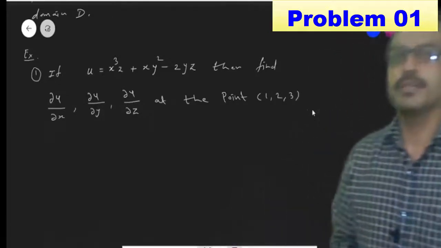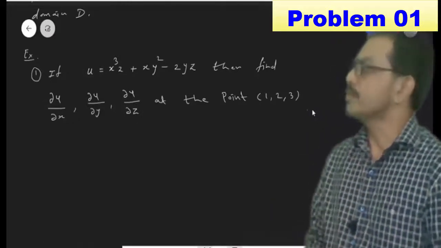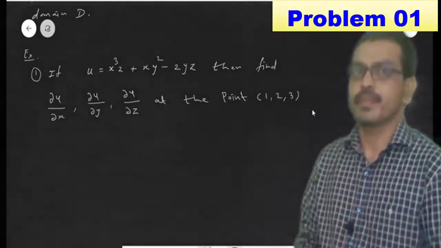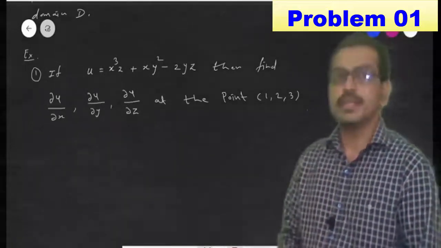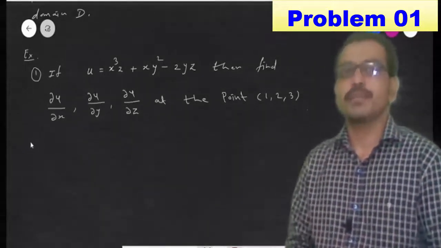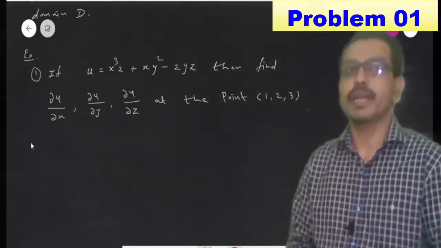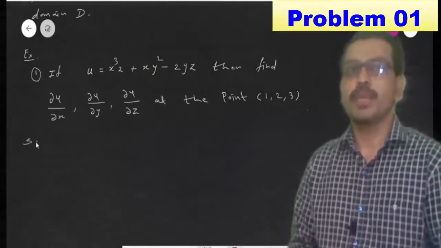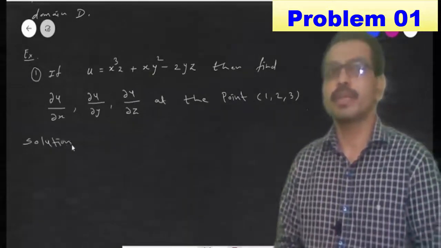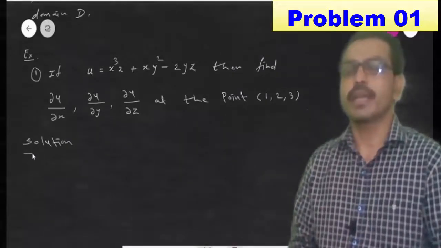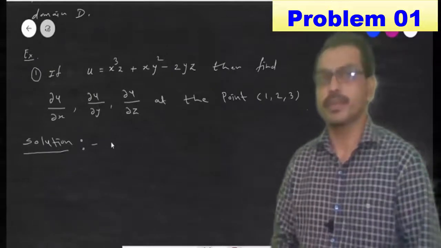So in this problem, u is a function of x, y, z, that is, x cube z plus x y square minus 2yz, and we have to find ∂u/∂x, ∂u/∂y and ∂u/∂z at the point x equal to 1, y equal to 2 and z equal to 3.